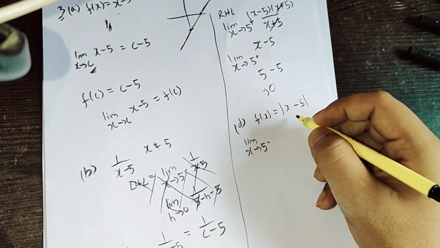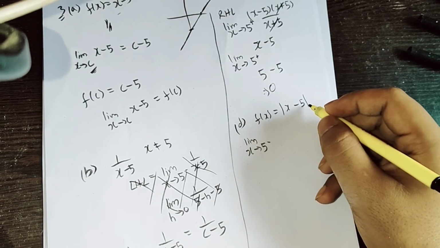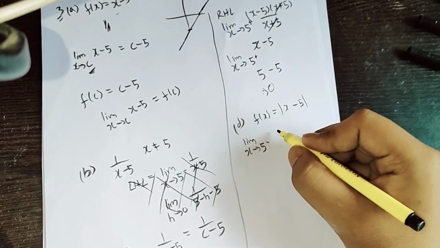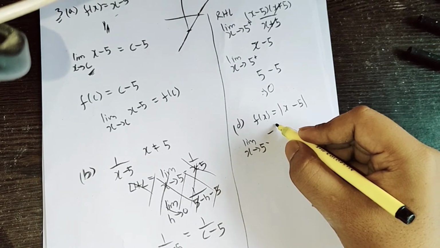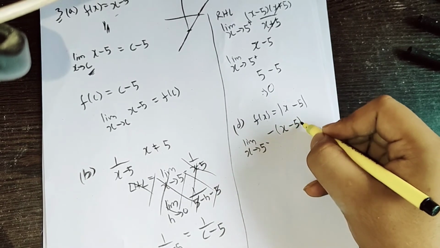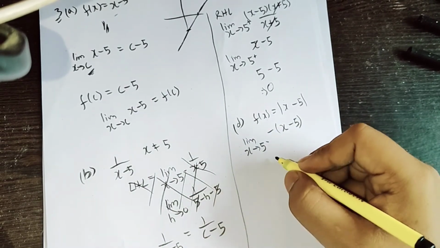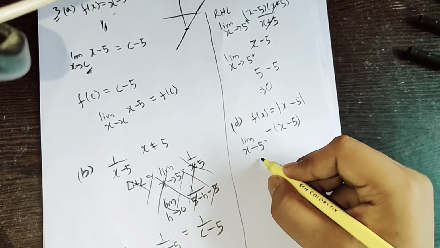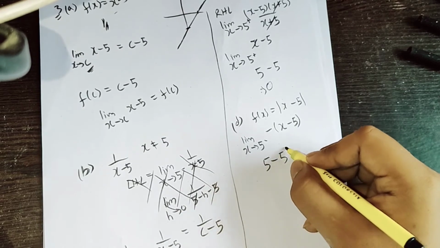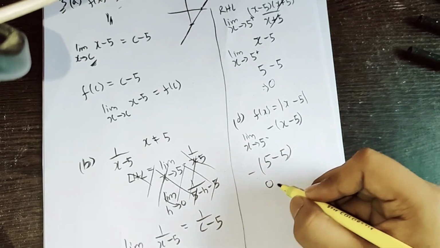If we put the value of x which is lesser than 5, it will become negative. So we will just write minus times x minus 5 here. As you know, if you put the value of 5, it will come 5 minus 5 and it will become 0.